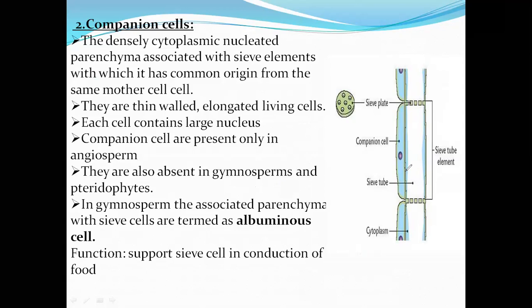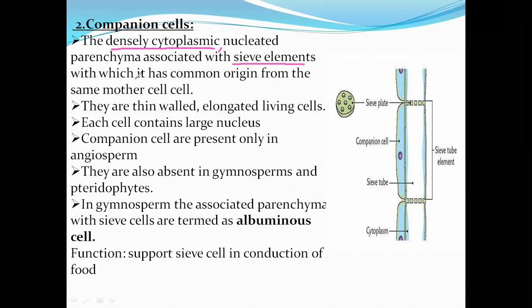The companion cell is a parenchyma cell. It is a densely cytoplasmic and nucleated parenchyma cell. Generally it is a living parenchymatous cell associated with the sieve elements, meaning the sieve tube or sieve cell.